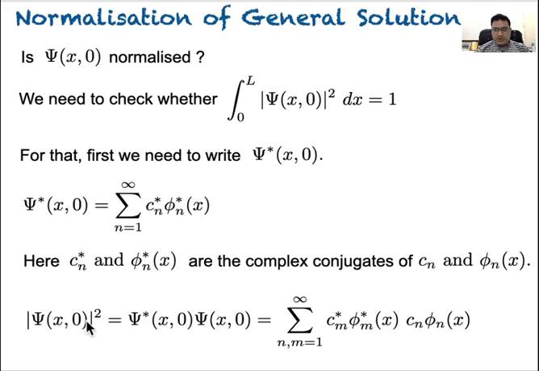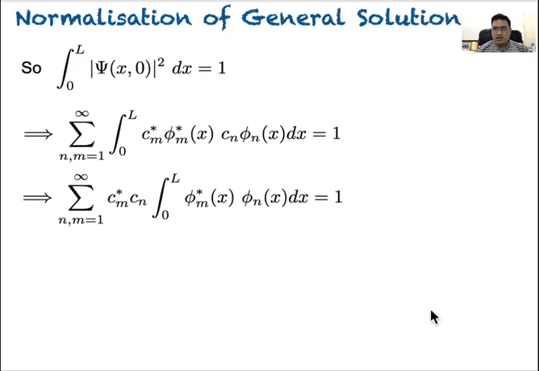So when you take psi star psi, which is the modulus of psi of x at 0 squared, it will be Cm star phi m star Cn phi n. So let's take this equation. It means that we can take Cm star Cn outside. Now we have to perform this integral.